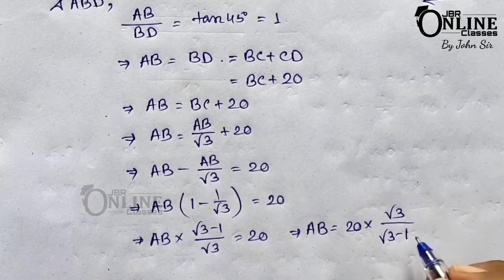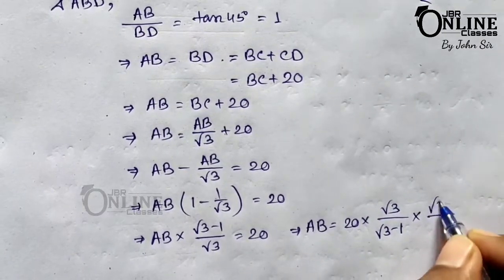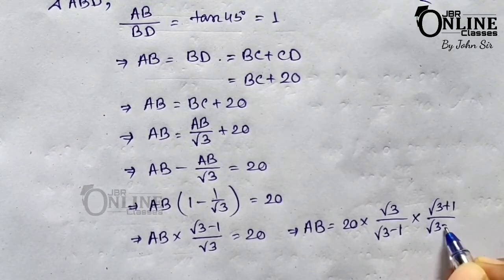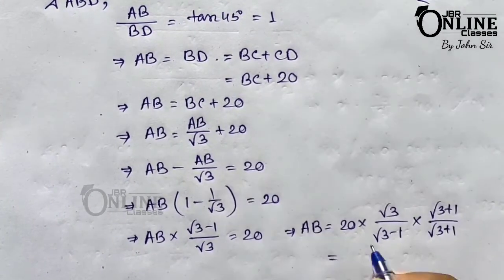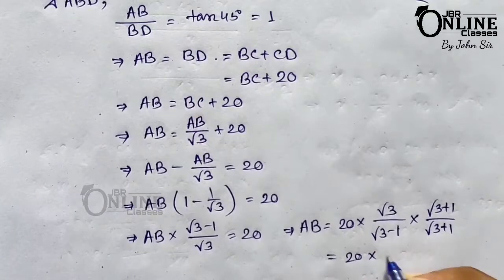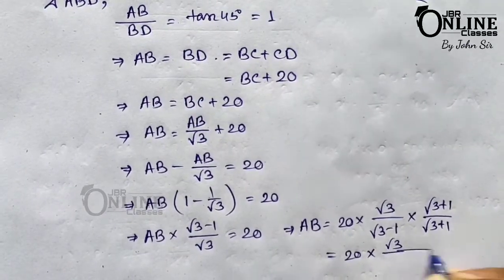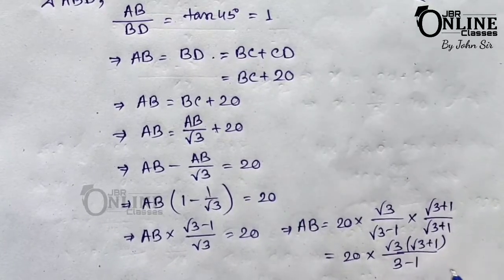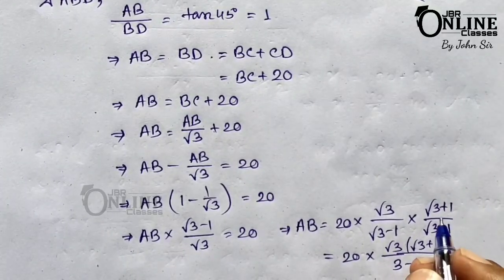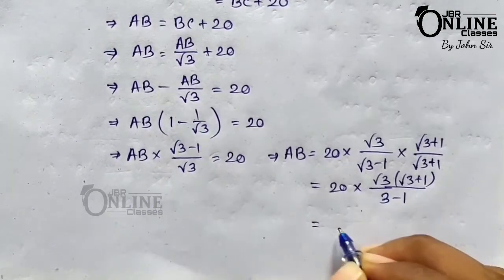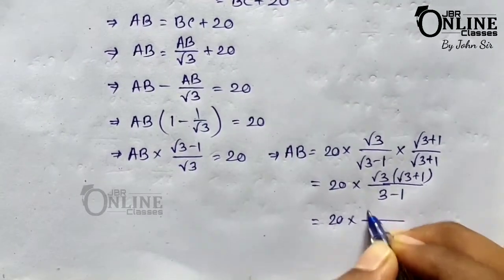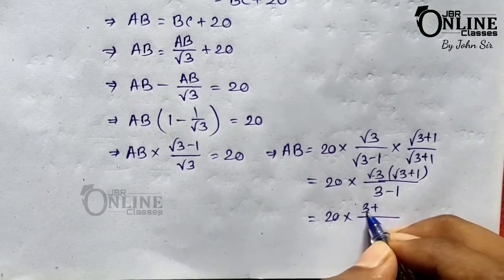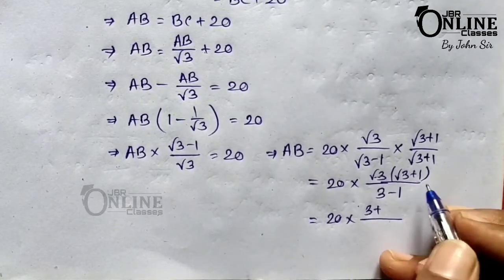So now multiply root 3 plus 1 up and down. Here 20 into root 3 into root 3 plus 1, and the denominator 3 minus 1 becomes 2. So that equals 20 into 3 plus root 3, since root 3 into root 3 becomes 3, and root 3 into 1 becomes root 3.